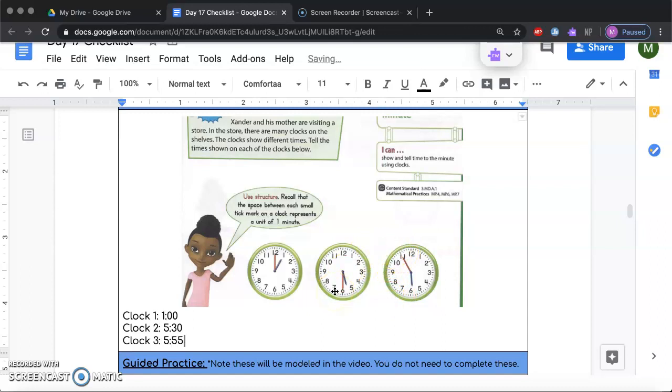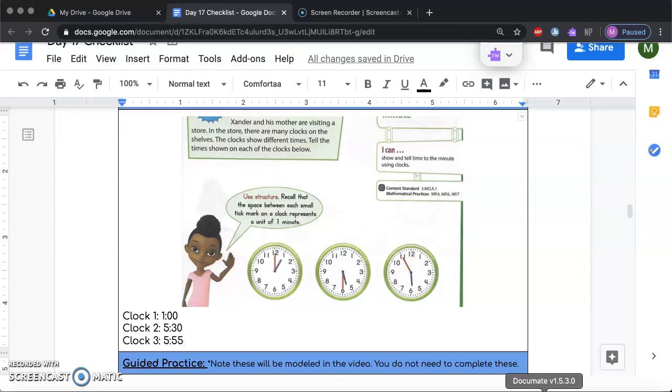So the time is 5:55. The 12 can also be representative of 60. There are 60 minutes in an hour. So I could have decided to count back from 60 by 5, which would bring me to 55. So it's another way to solve that.